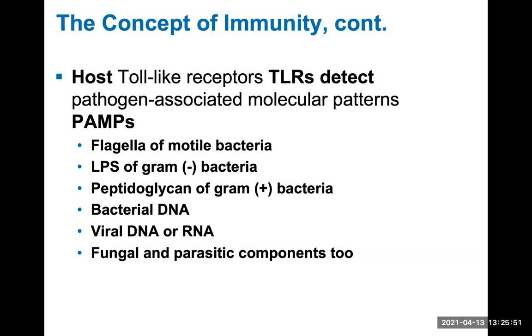And if any part of a pathogen, such as flagella, LPS, peptidoglycan of the cell wall, right? Any of these parts of pathogens come into contact with a toll-like receptor, then the alarm, right? The alarm goes off.